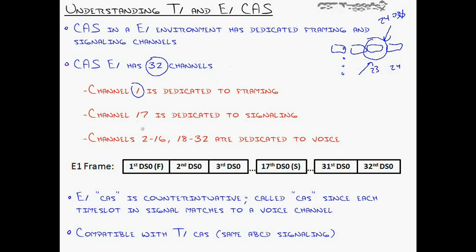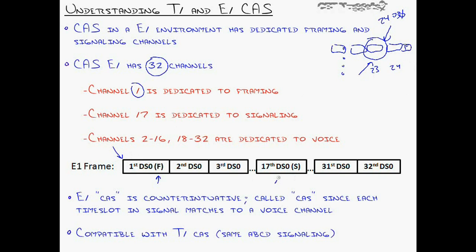Channel 1 is always dedicated to framing. Remember on T1 that bit I added at the very end of every single giant T1 frame? That was framing in T1. Well, when E1 came out, they said, well, let's dedicate the first DS0 channel, the whole first DS0, to nothing but framing. So I lose one channel there.